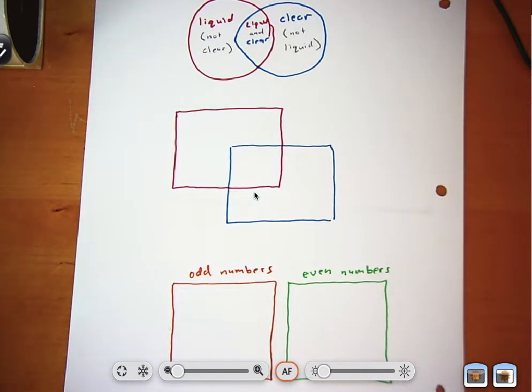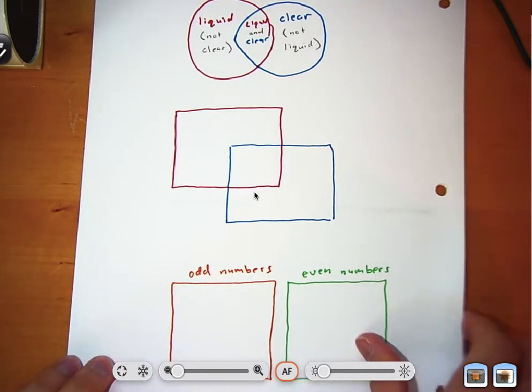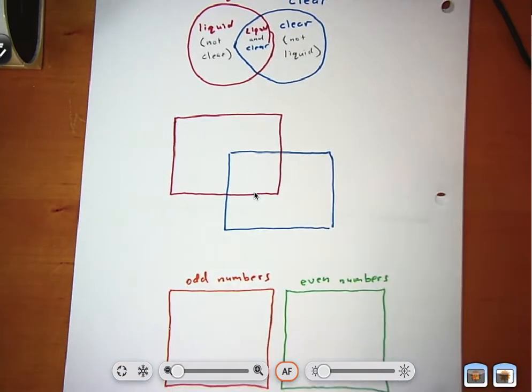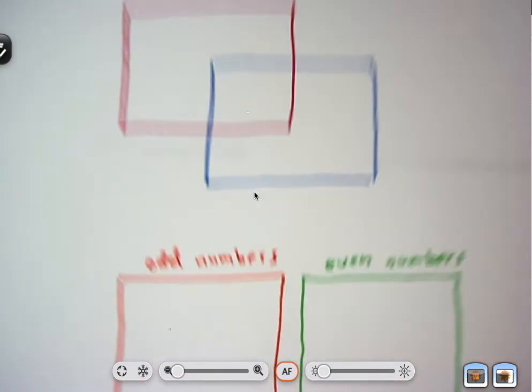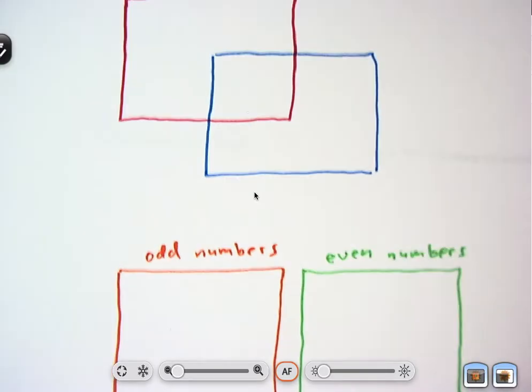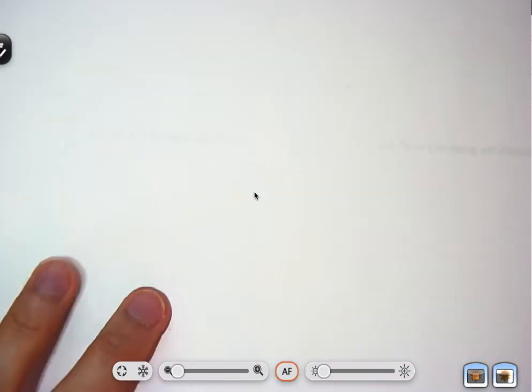Let's get into a couple of different relationships that you can demonstrate using Venn diagrams. So, all right.